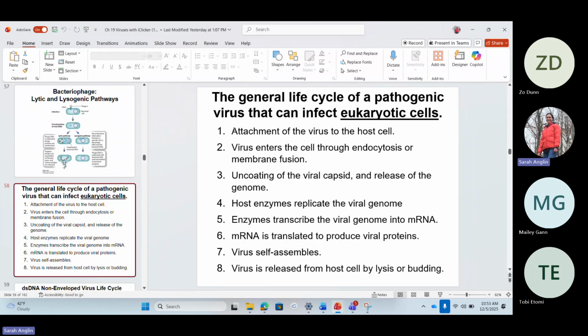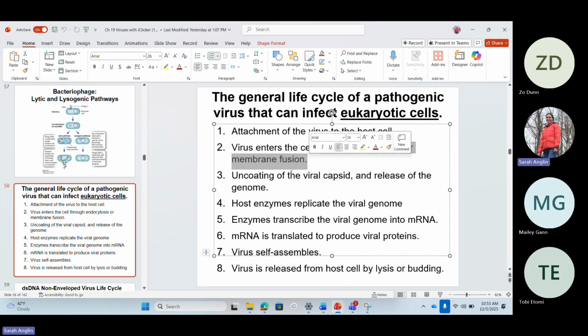Remember, the big one is that once that virus attaches, it enters the cell through endocytosis or membrane fusion. Once inside of the cell, uncoating takes place. Uncoating is where the capsid is disintegrated, disrupted in some way to allow the genome to escape the capsid and be released into that cell.